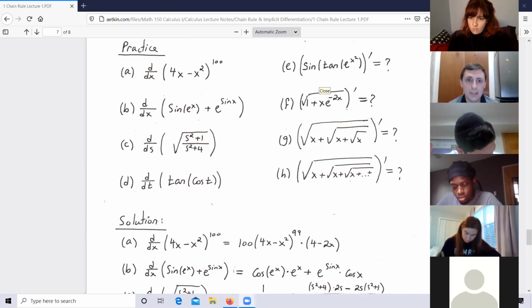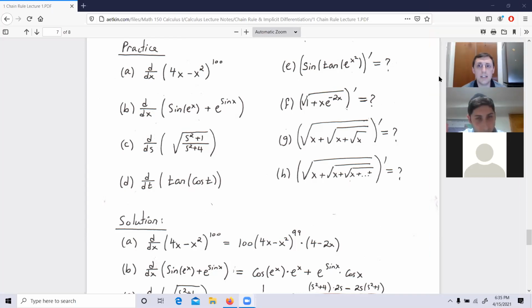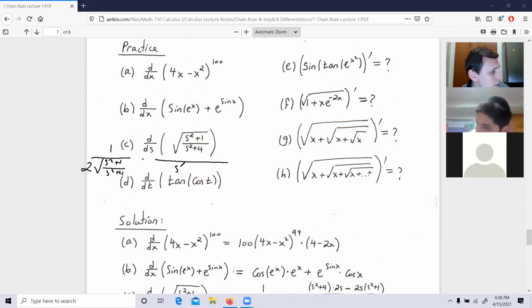Yeah, yes. So let's do it together, guys. The idea is what? Probability, I forgot in which class I am. So the derivative of this thing is 1 over 2 root of the function, times the derivative of what's inside, which is s squared plus 4 squared.